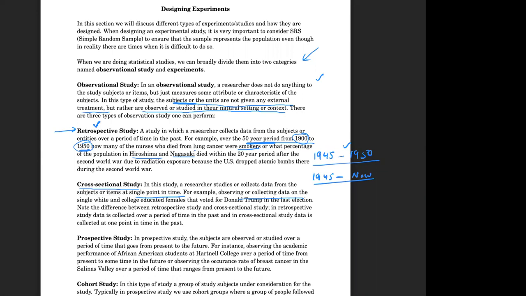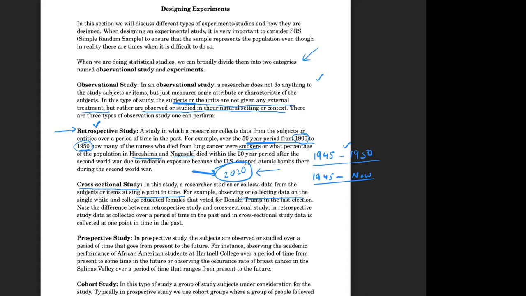So if we collect data about the college students who graduated in the year 2020, which was a very difficult year for everybody in the world, we can collect data on the people who graduated from college and what percentage were able to get jobs after graduation, when millions of people were losing jobs.